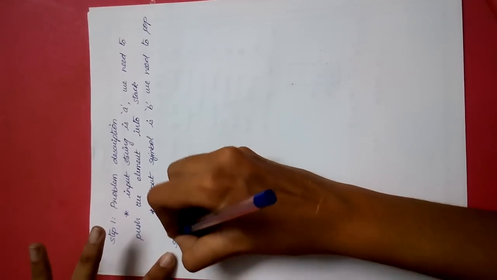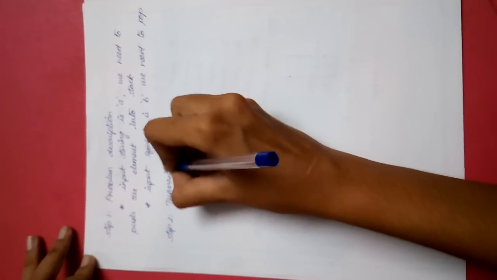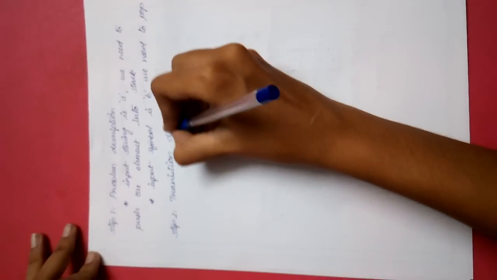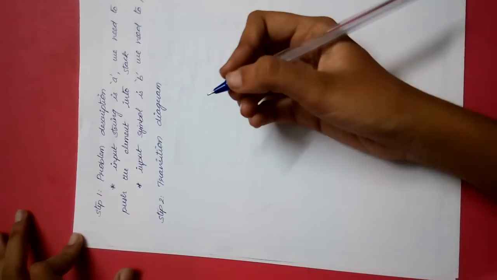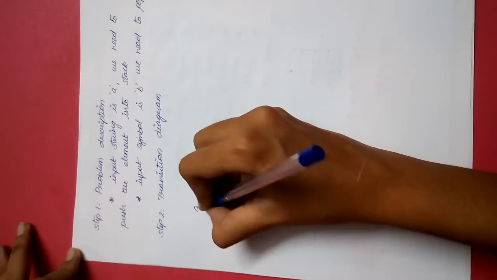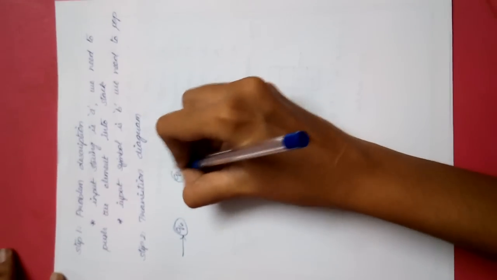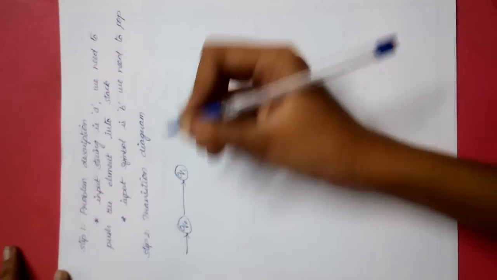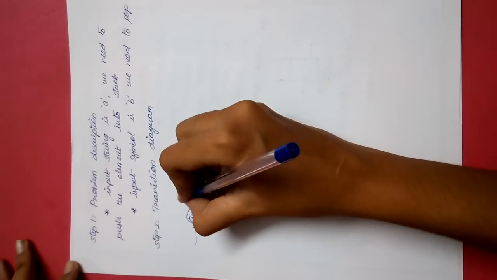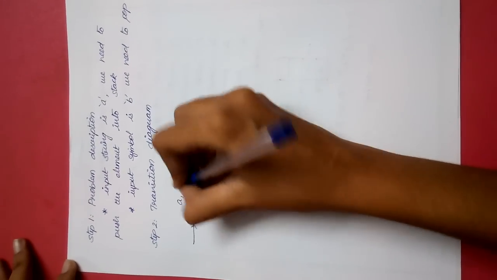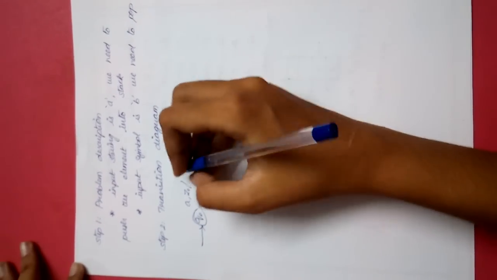The second step is to draw a transition diagram. Q naught is the starting state. Next state is Q1. Initially, we need to push the symbol A, and the bottom of the stack will be Z naught.